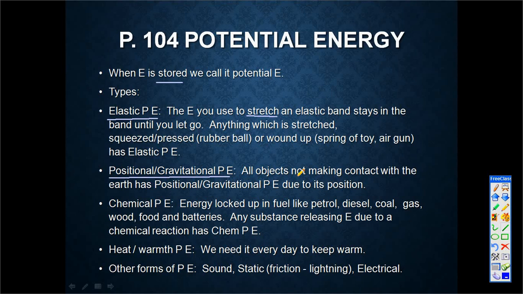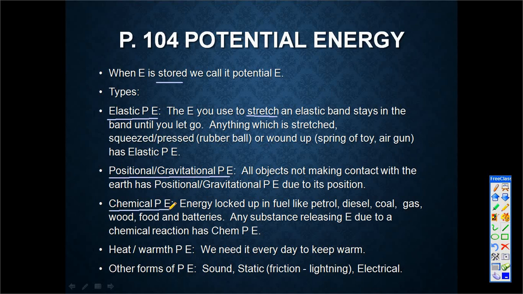Okay, so in other words, if I think about a stone on top of a mountain, or a brick on the second floor, all of those things have positional potential energy because of their position. The last type of potential energy is chemical potential energy.